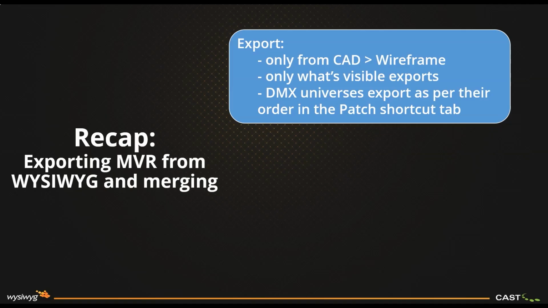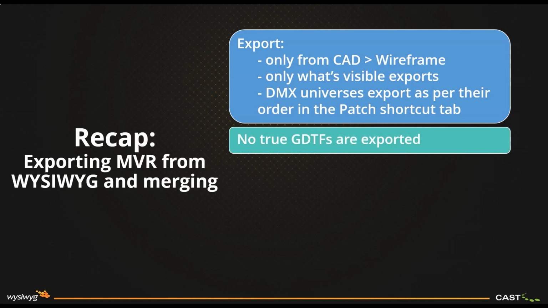So to recap, you can only export an MVR from WYSIWYG while working in CAD mode's wireframe tab, and only what's currently visible is exported. DMX universes export in the order in which they appear in the Patch Shortcuts tab, regardless of their name. Since WYSIWYG does not export true GDTF profiles at this time, these must be added to the MVR file using either Vectorworks or the GrandMA.